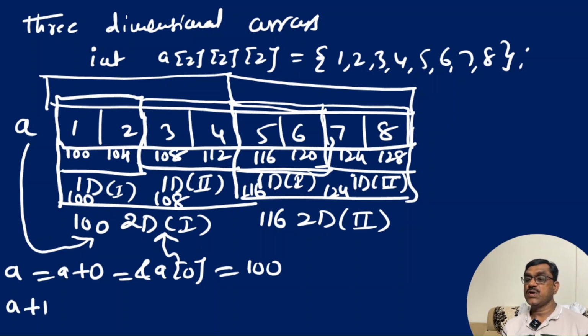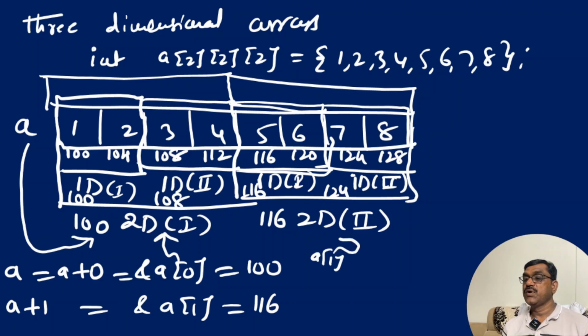Next, A plus 1 is nothing but ampersand of A of 1, that is 116. A of 1 is pointing to the second two-dimensional array whose base address is 116. That is the logic. See, if we say A or A plus 0, what is the value we are getting?